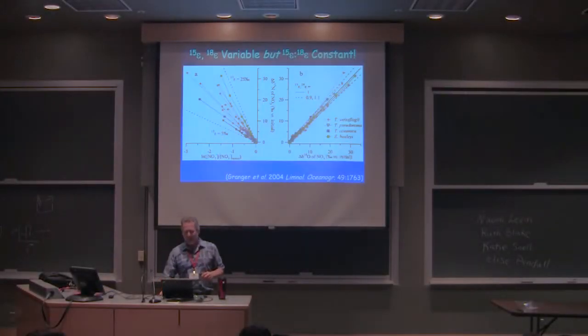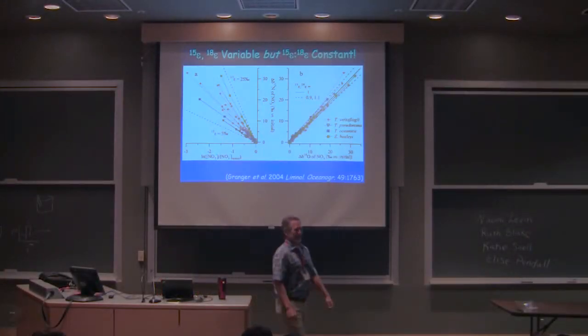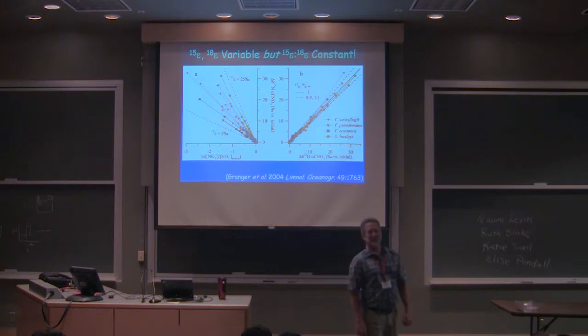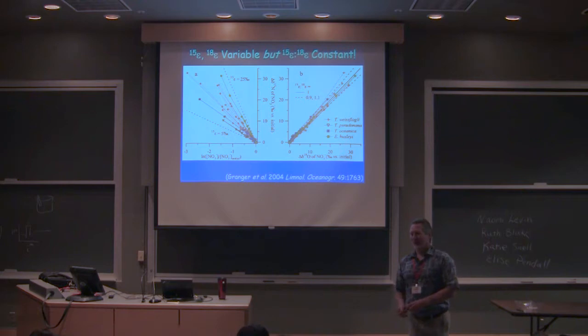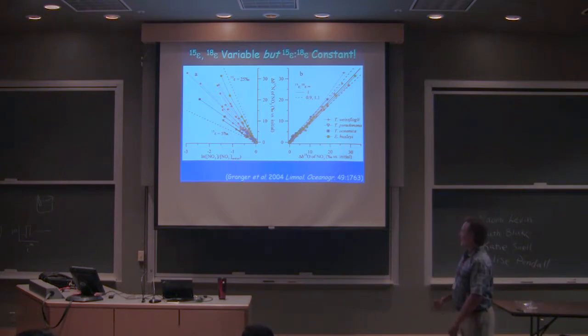Okay, all right. So funny thing though is that when you begin to look at some of the nitrogen isotope fractionation of nitrogen in cells grown in the laboratory, gosh, you can produce whatever fractionation you want.